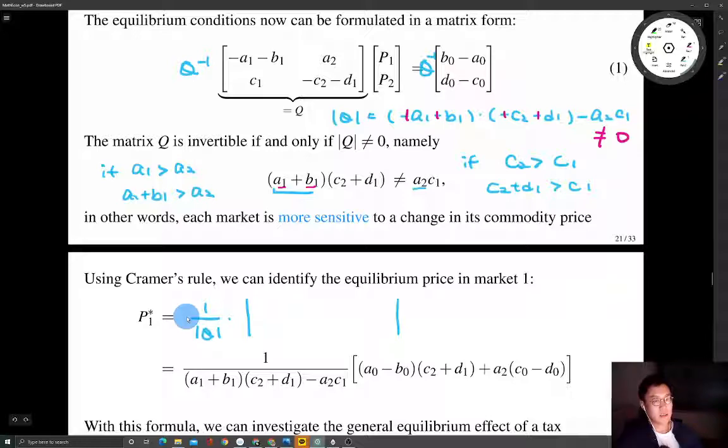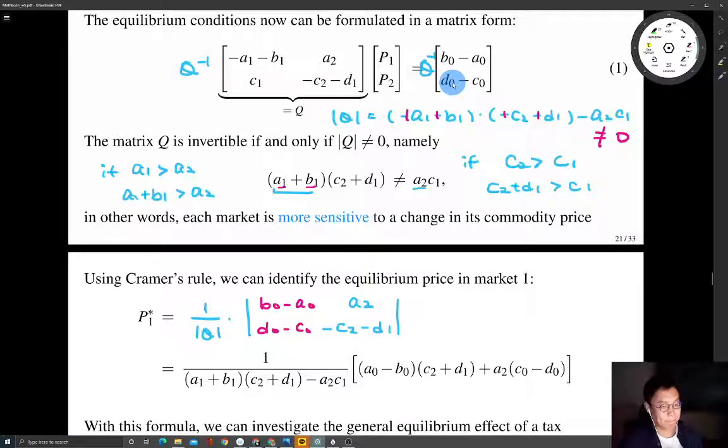In this matrix the second column is from the matrix Q: A2, minus C2, minus D1. So we leave the second column in Q alone, and replace the first column with this one, B0 minus A0, D0 minus C0.